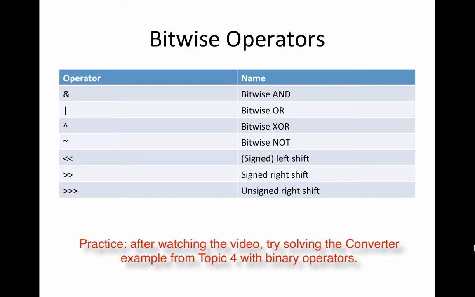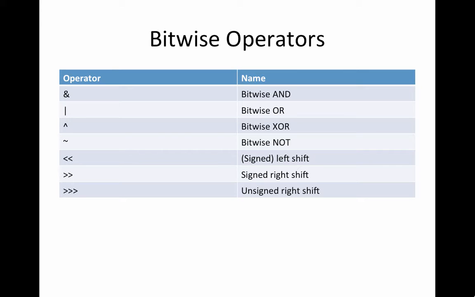The XOR will result into 1 if the bits are different. We have 1 and 0 or 0 and 1. As you would expect, the bitwise NOT is very similar to the NOT operation that we see in conditionals, for example in if statements. So when we have a bit that is 1, NOT will turn it into 0 and vice versa.